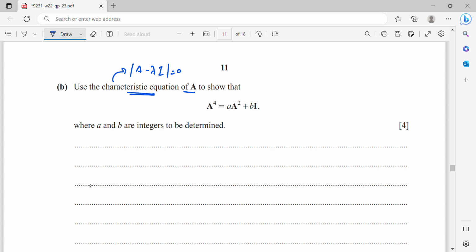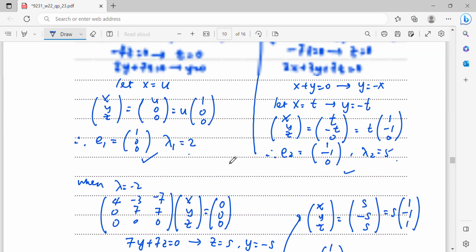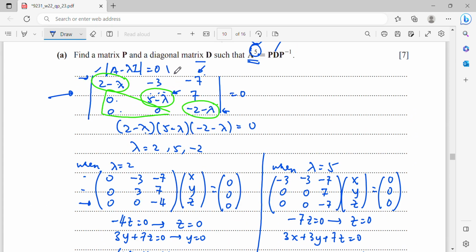So this is what we have done just now. Remember, just now we started with this, which means I will be getting this result. So I will rewrite this: 2 minus lambda.